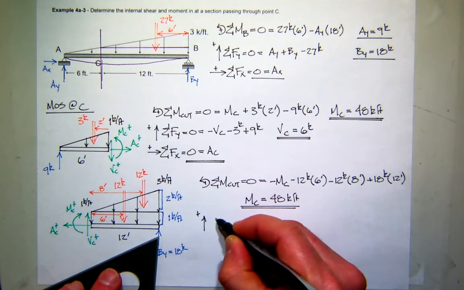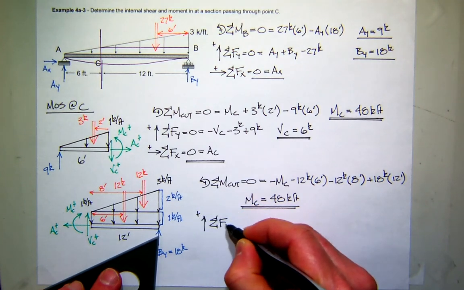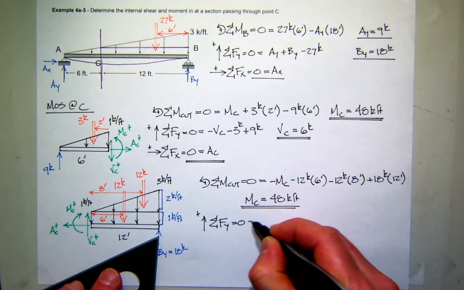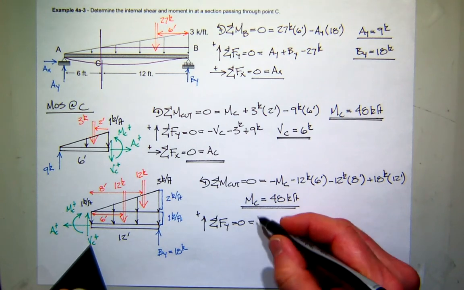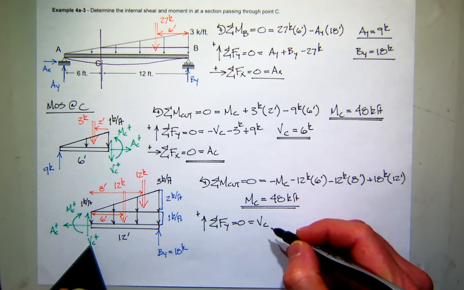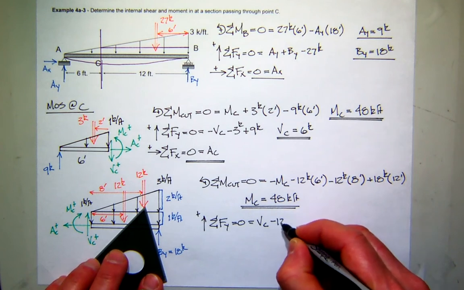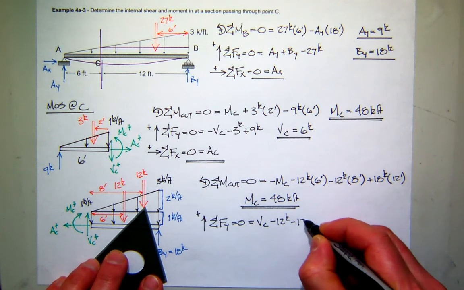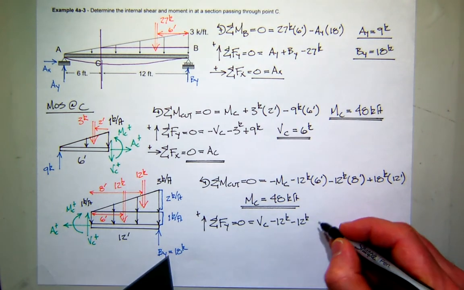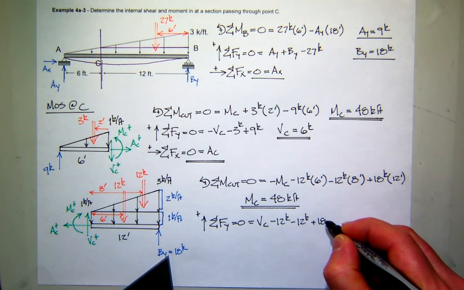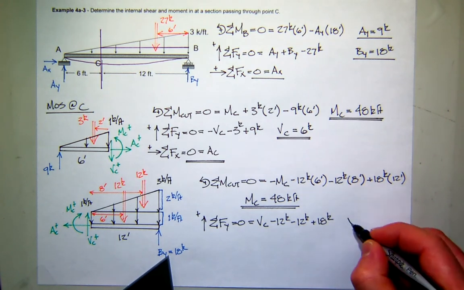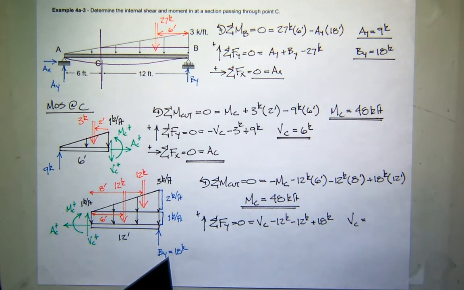Then we'll sum forces in the y direction, to make sure we're in equilibrium. Looking at my free body, I've got a shear force that's acting up, minus 12 down, minus 12 down, 18 up. So it looks like the shear at C is equal to 6.